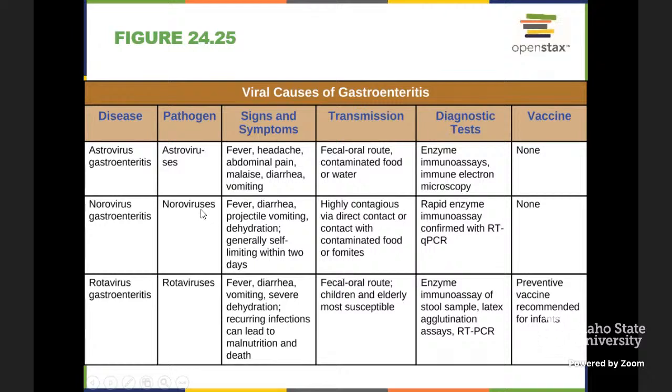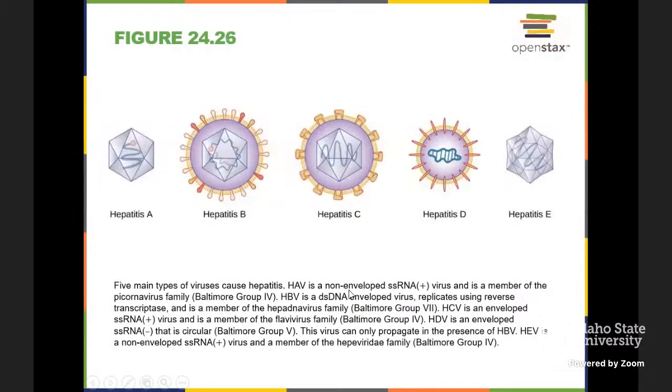But viral, norovirus, it's very common in those situations. And the fact that you're in closed quarters, banquet style eating, all of this sets the stage for opportunities to be shared. All right, with the rotavirus, little kids and elderly are more susceptible. Again, fecal oral contamination for transmission.